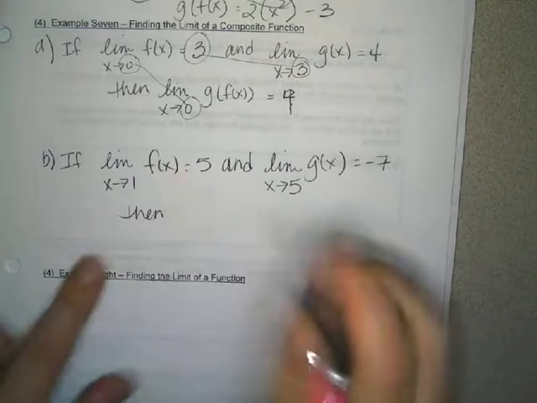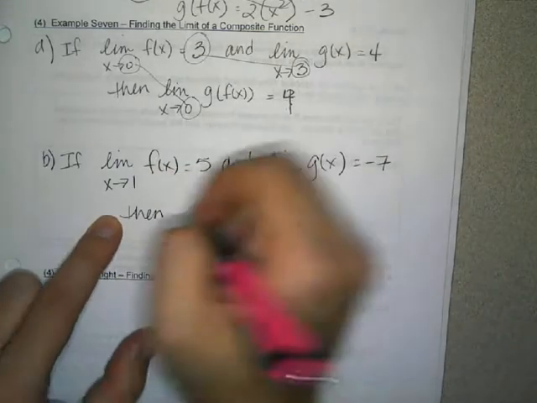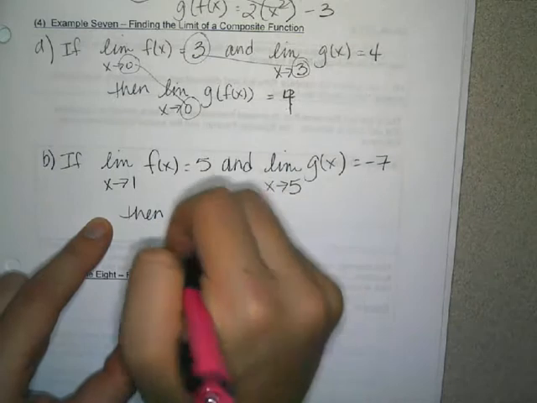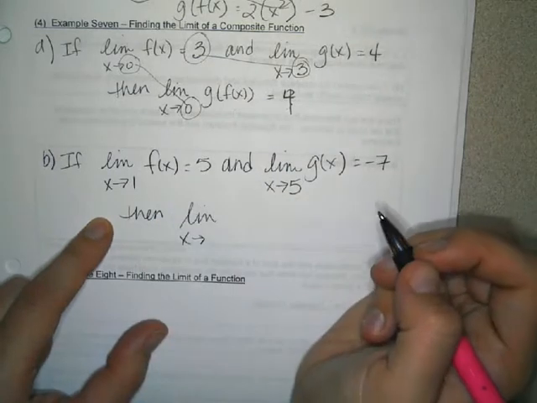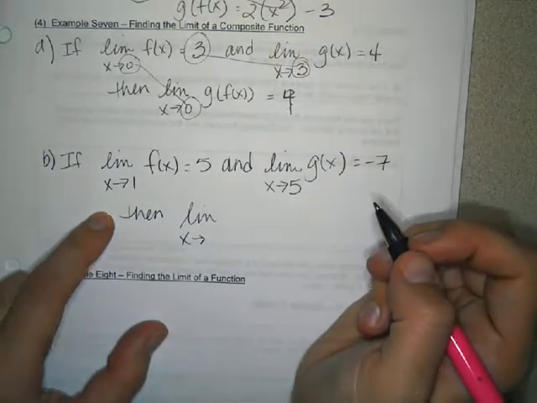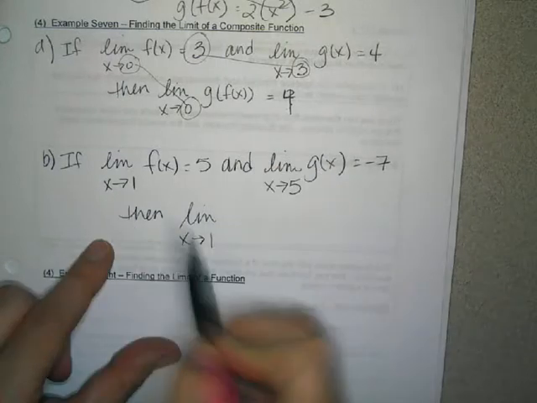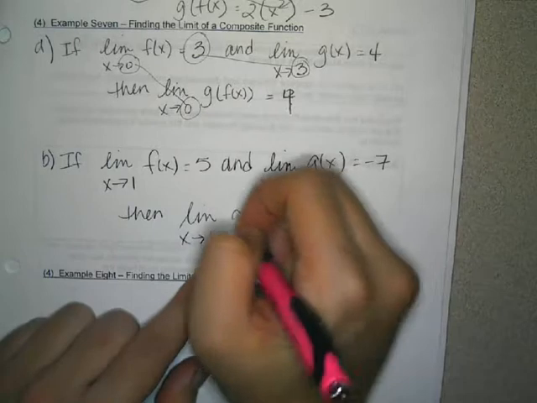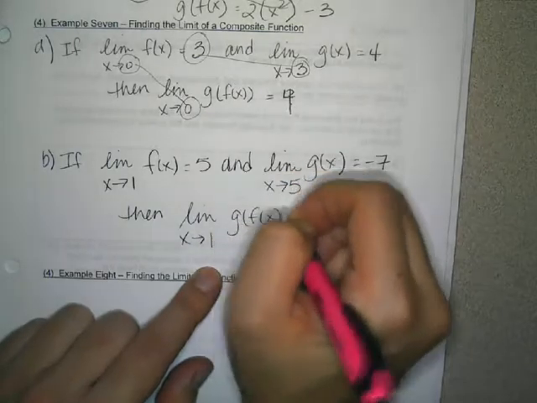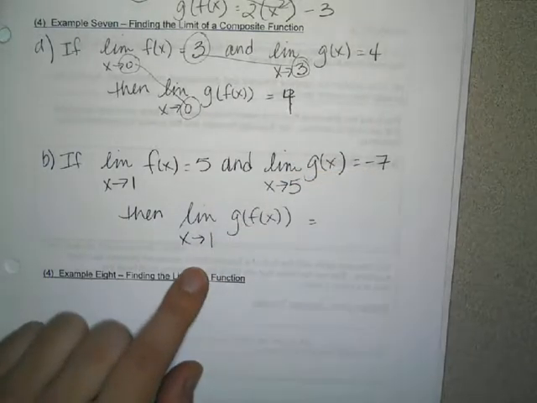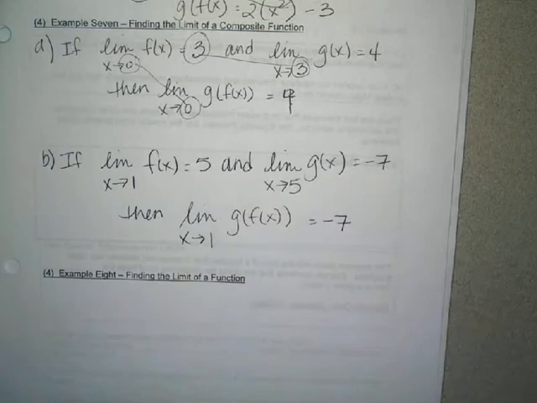If those two things are true, then the limit as x approaches, what would it have to approach? What was the other link that had to happen? 1 has to be approaching this original c value here, of your composite function is negative 7. That's all there is to it.